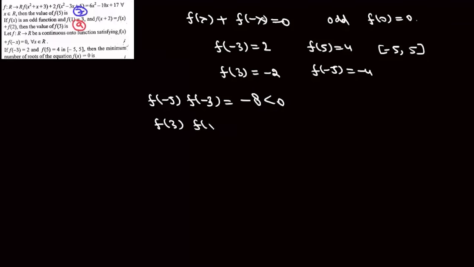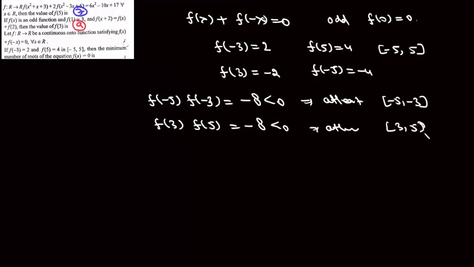Also f(3) into f(5) is minus 8, less than 0. Then from Bolzano's theorem, we can say there is at least one root in minus 5 to minus 3 and at least one root in 3 and 5.